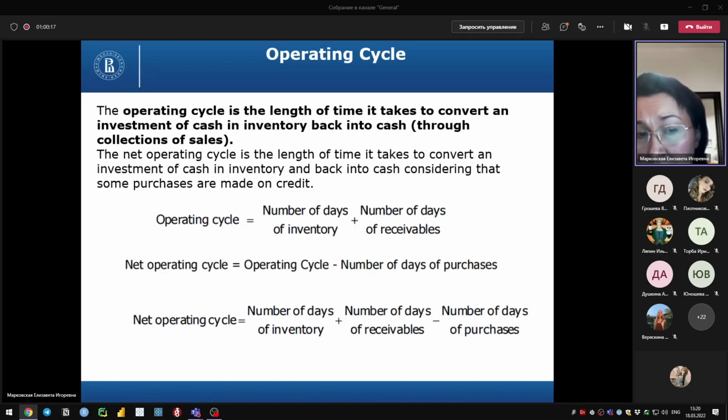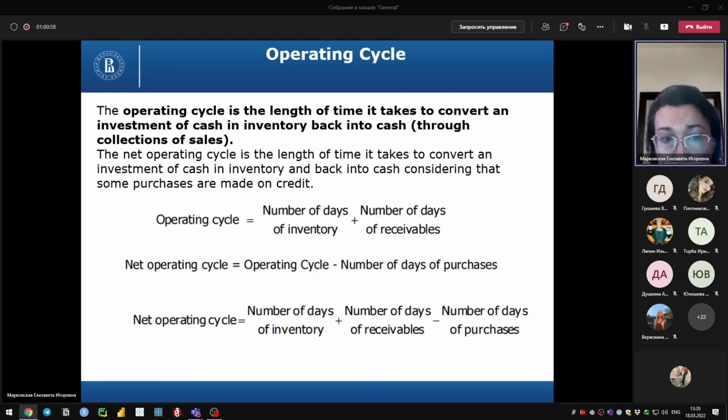Maybe these changes are due to changes in the number of days of inventory, or maybe due to changes in the duration of our accounts receivable. So we have to find these main negative causes, and we have to make appropriate managerial decisions.